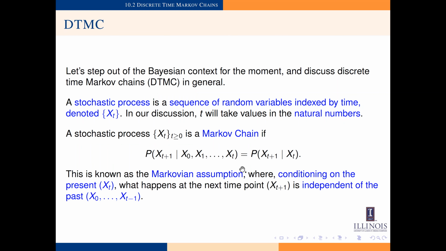This is known as the Markovian assumption, where conditioning on the present Xt, what happens at the next time point Xt+1 is independent of the past. The past is everything before the present. So time 0 all the way up to time t-1.